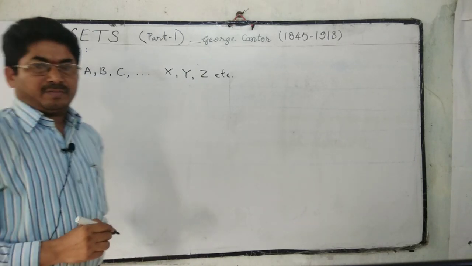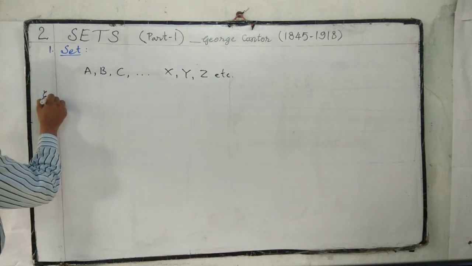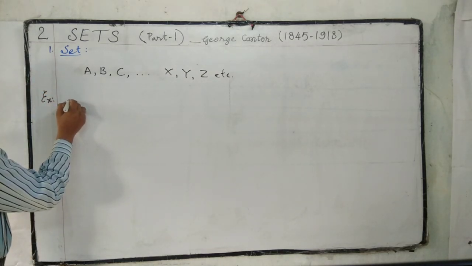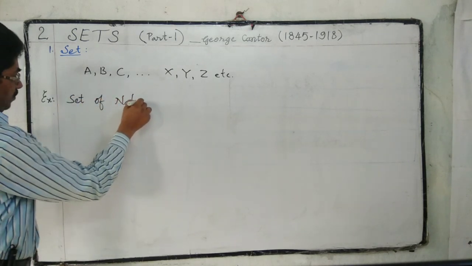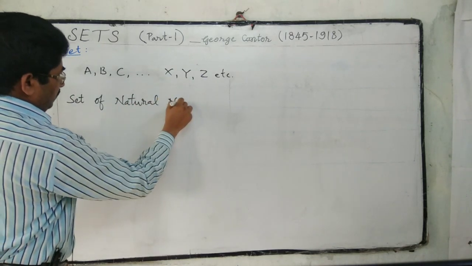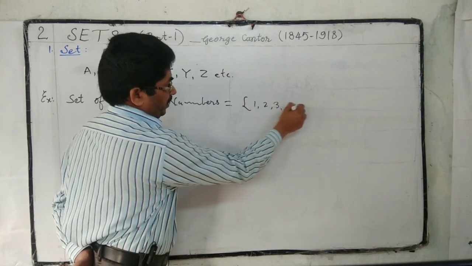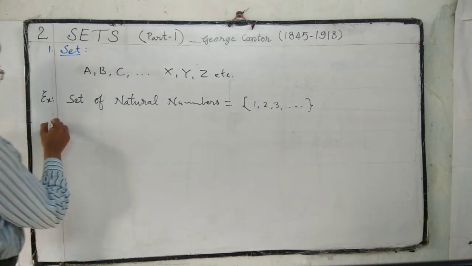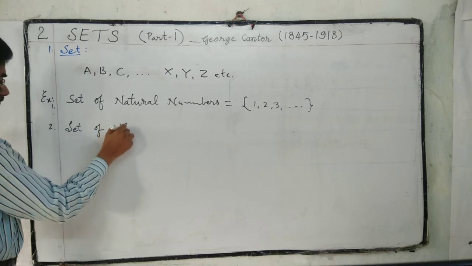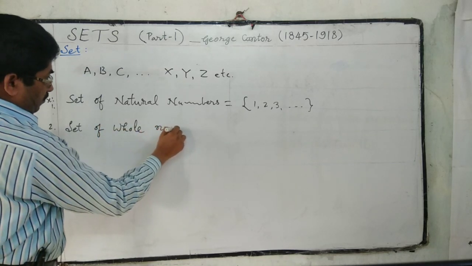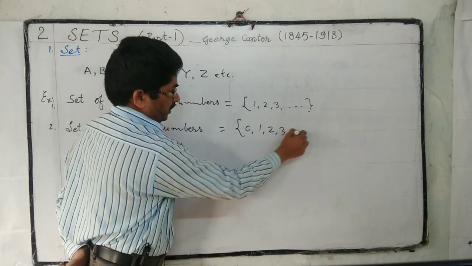Some more examples of well-defined collections of numbers. Set of natural numbers: 1, 2, 3, and so on. Set of whole numbers: 0, 1, 2, 3, and so on.